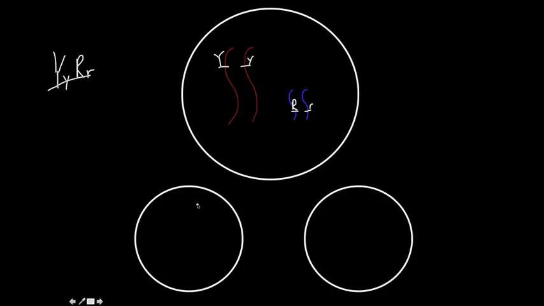So here, what would happen? These would have to separate. So it would look something like this. Let's say this one here winds up in this, let's say egg in this case. So there's the big Y. And then the other one from this homologous pair winds up over here.